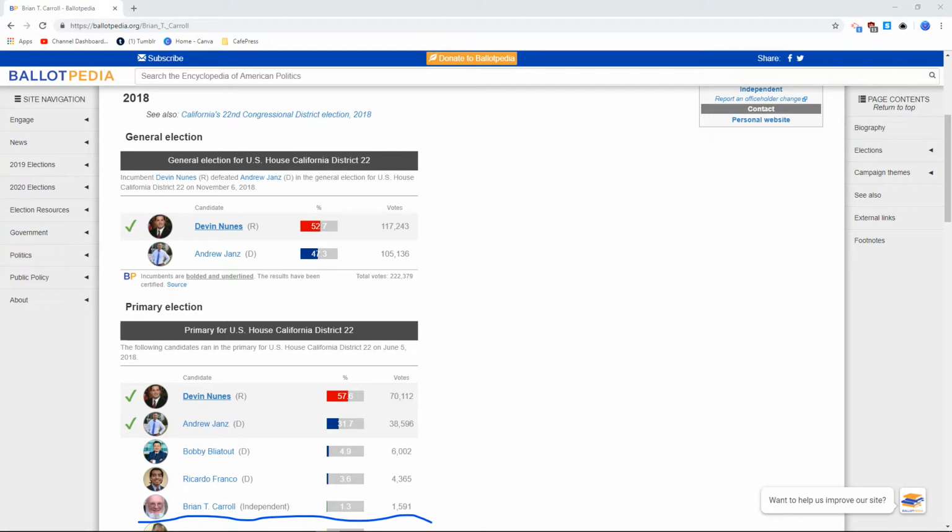So on Ballotpedia, I went ahead and underlined, so that's my annotation there in blue at the bottom. I went ahead and underlined him, and if you don't have captions on, you should be able to see this. So he ran for U.S. House, California District 22 in 2018. Now, 2018 was not a good year for Republicans. It was not a good year for conservatives.